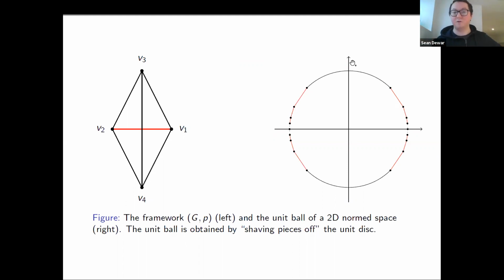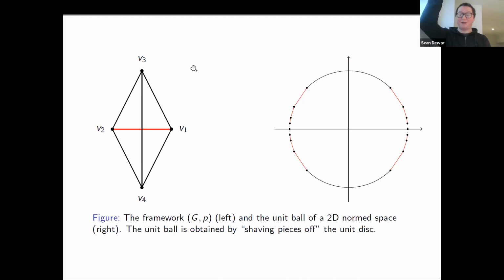Now, the unit ball, all I've done is I've taken a circle and I've just shaved pieces off. So these black points, they are all originally lying on the circle. And all I've done is at these black points, I just have a line connecting one to the next, like so.